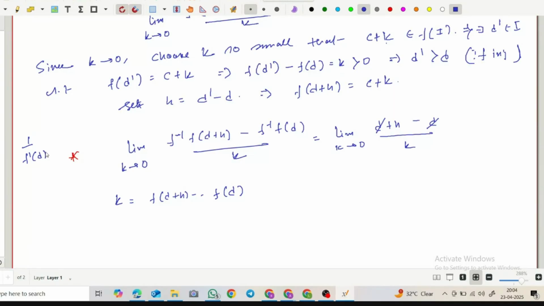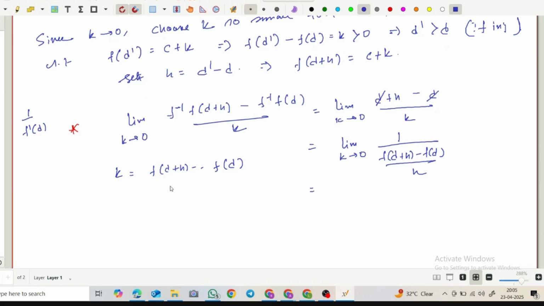That is my goal, right? So you just write the limit as k tends to 0 of 1 by, put the value of k, f of d plus h minus f of d, take h below it. Okay, that's it.